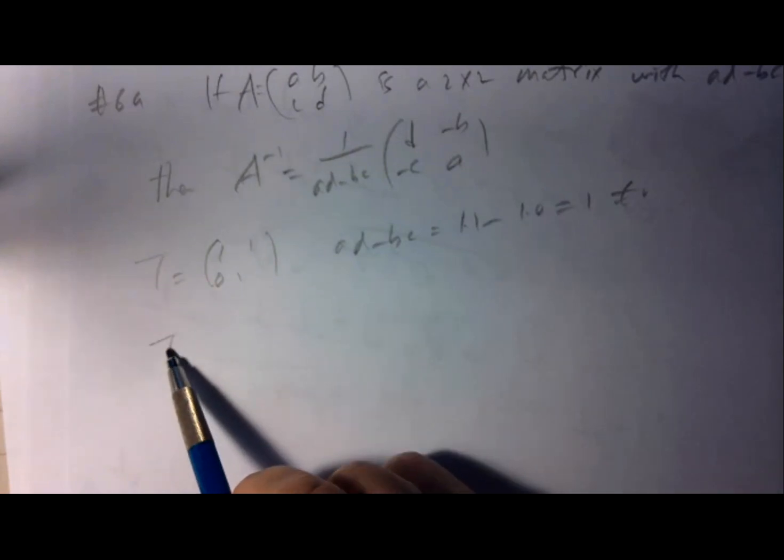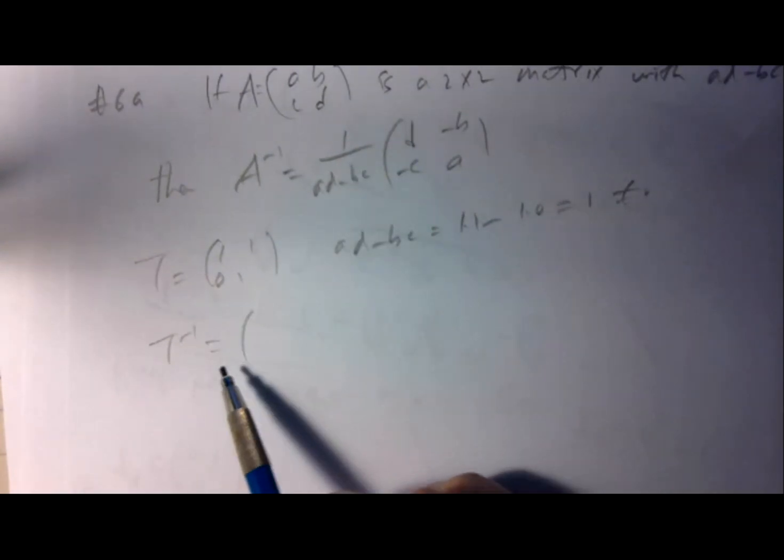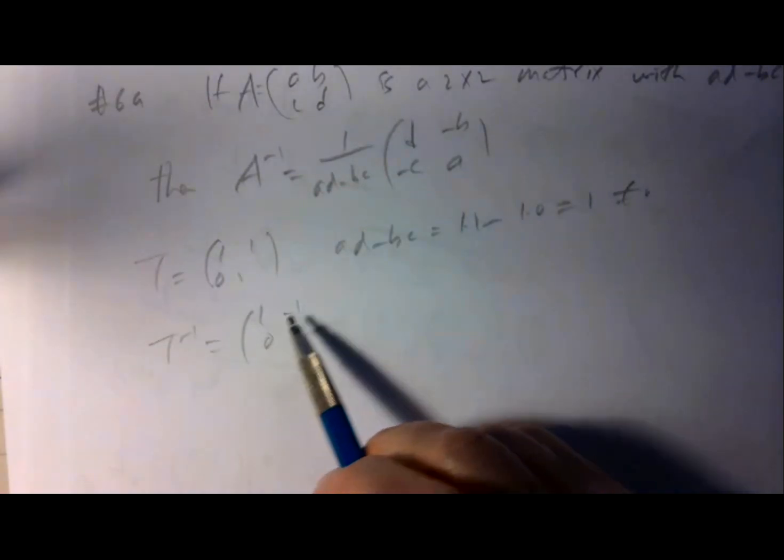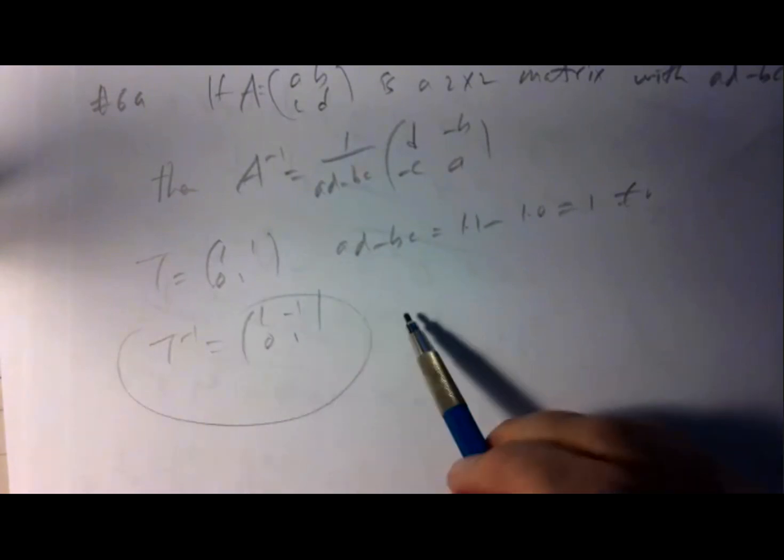So T inverse is 1 over 1. So you just interchange these two and change the signs of these.